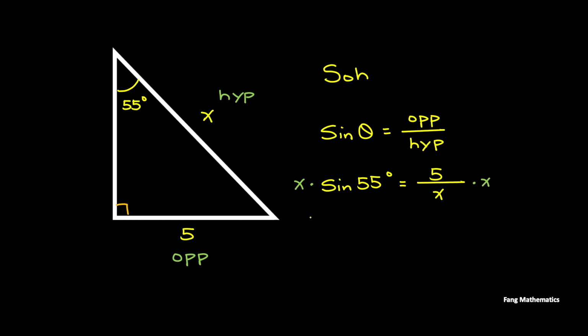On the left-hand side, I believe you should get x times sine 55 degrees is equal to, on the right, x at the denominator and x on the numerator eliminate, leaving you 5. And we are to divide both sides by sine 55 degrees and let x be the subject of the formula.